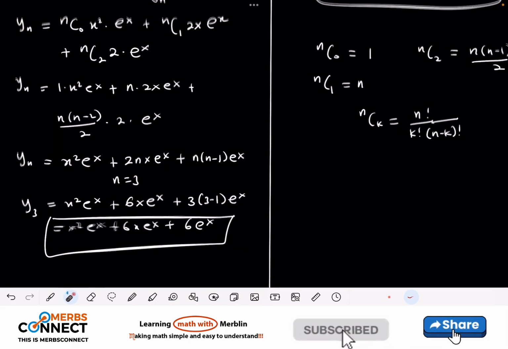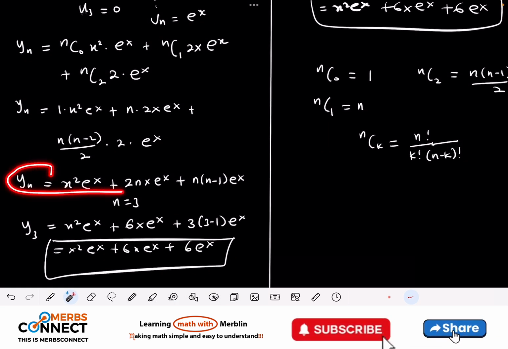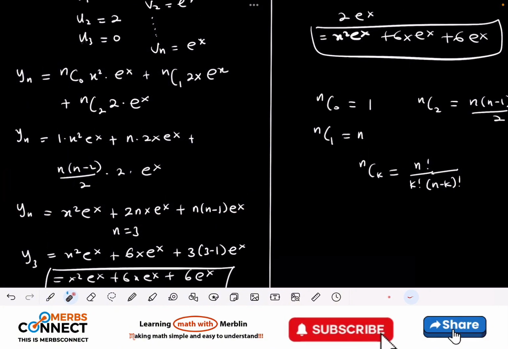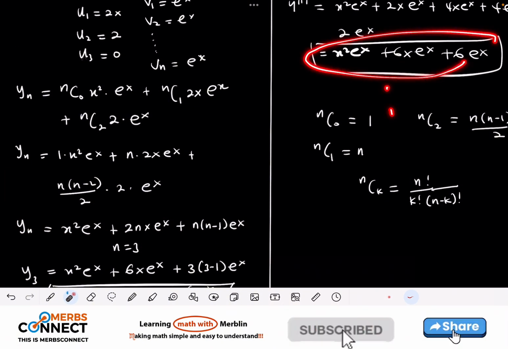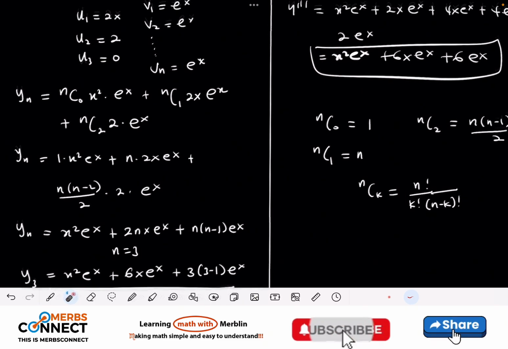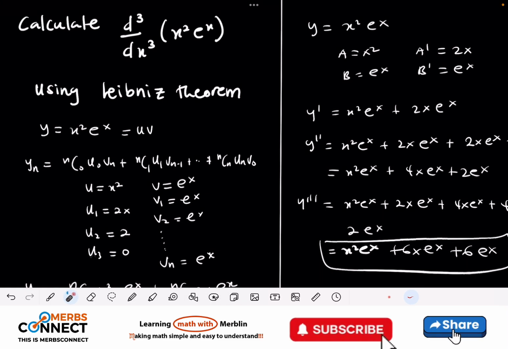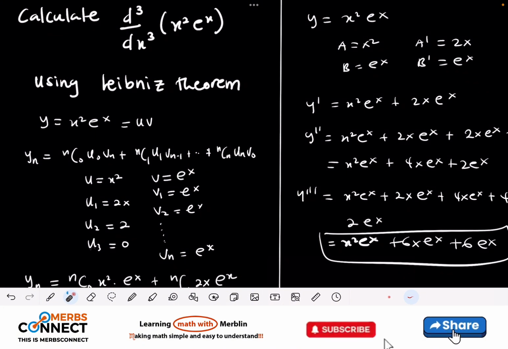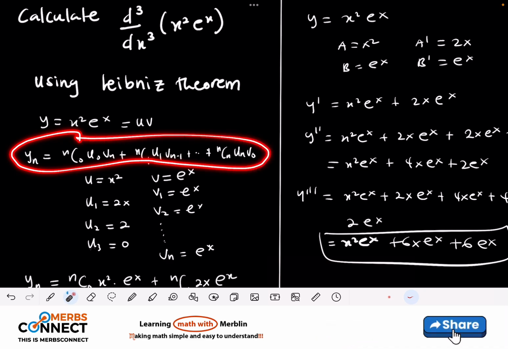For example, this one, when we got here, this is the nth derivative, but look at this one. How are you going to find the nth derivative? You do it with the nth term. So that is the idea of using the Leibniz theorem. First, choose your u and your v. Write down your formula.